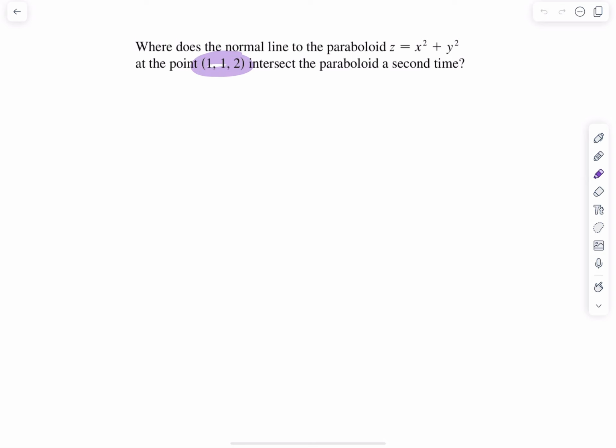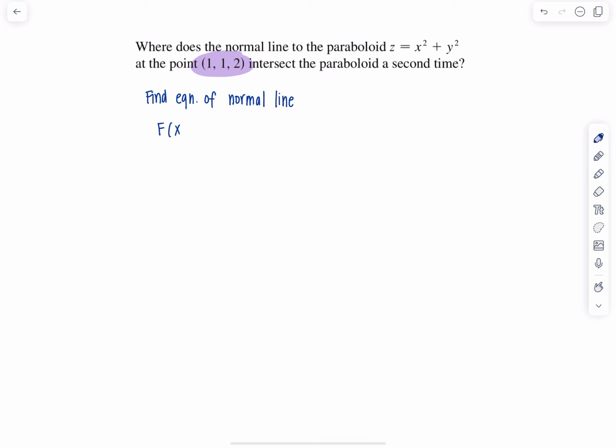Where else? So in order to solve this problem, we first need to find the equation of that normal line. I need the direction vector for the normal line, which I can obtain by looking at the gradient of the surface. Here the surface is the paraboloid z equals x squared plus y squared.